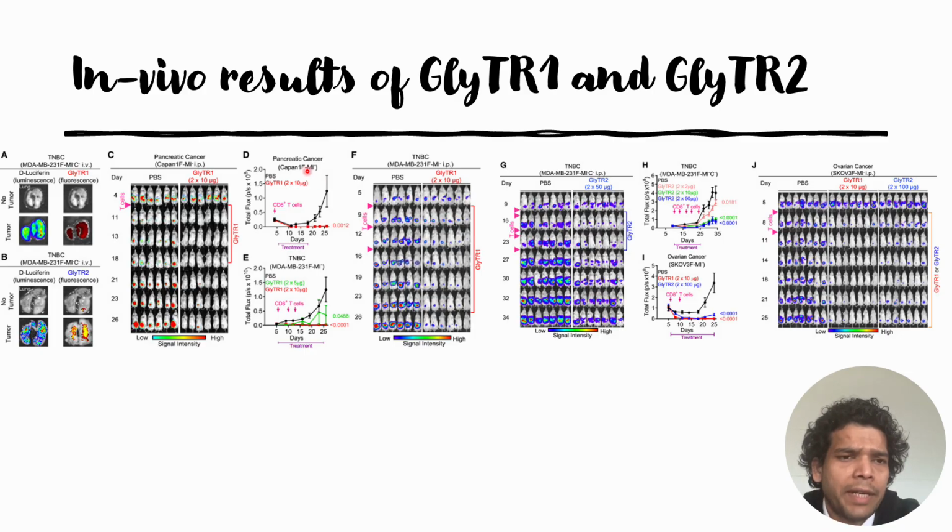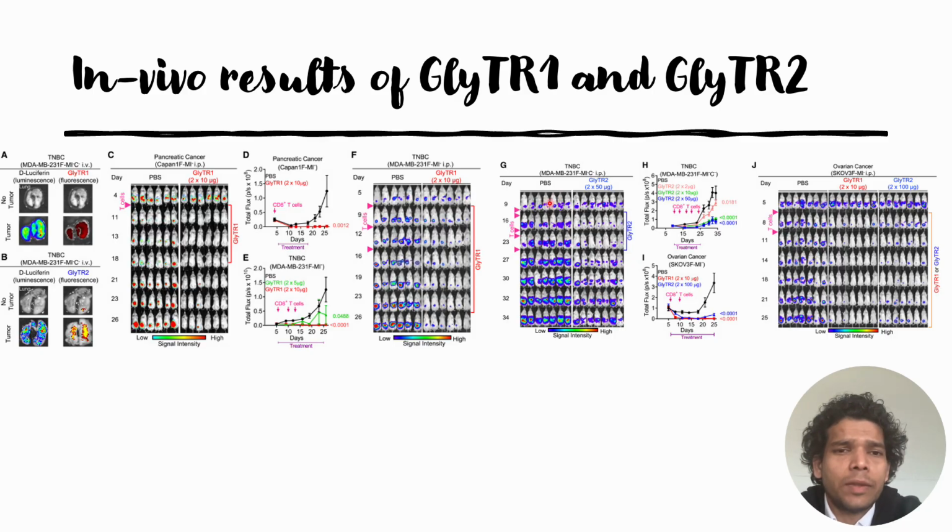When these are quantified, for example for the CAPAN-1 MHC-1 deficient cells, the tumor suppression is significantly high compared to the control case, where the tumor rises continuously with time. Similar results they have seen for the TNBC also, where the tumor suppression is significantly higher compared to the control case.